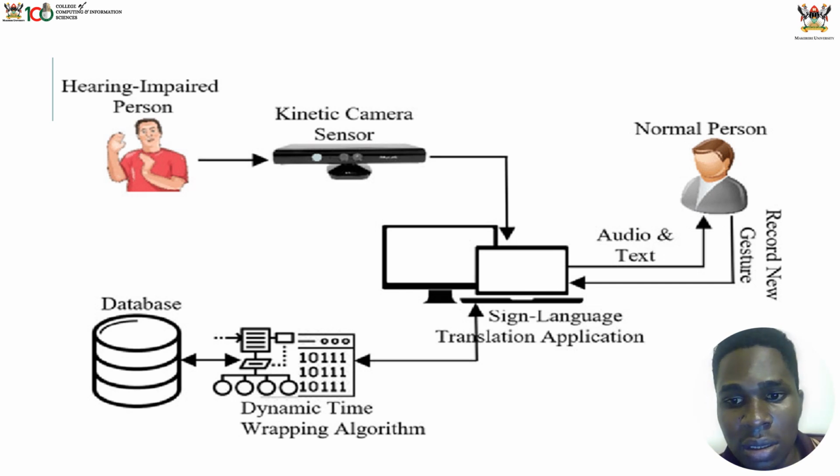Also, the medical personnel that don't know how to communicate through the gestures will communicate back to the system through audio or text, and then the system can give feedback to the impaired person by either gesture or text, if the impaired person can read. That's overall how the system will be working.